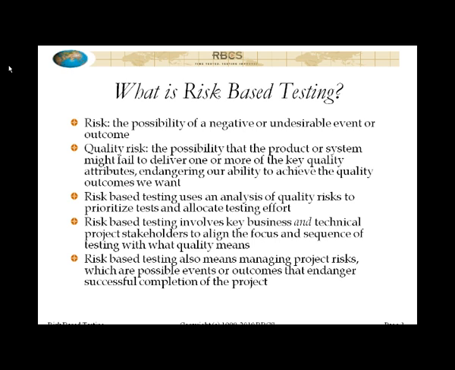Now, this process, in order to work, in the 15 or so years that I've been doing risk-based testing, the thing that I found is essential to make it work is good cross-functional project stakeholder participation. This has to include both business stakeholders and technical stakeholders.